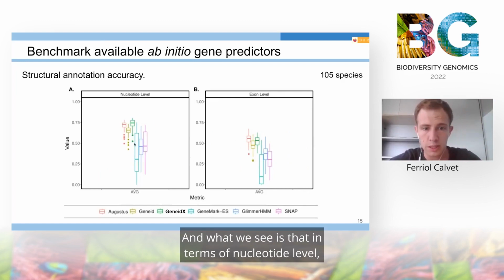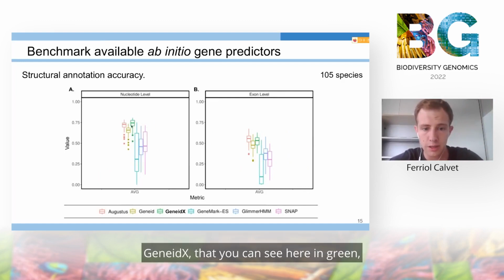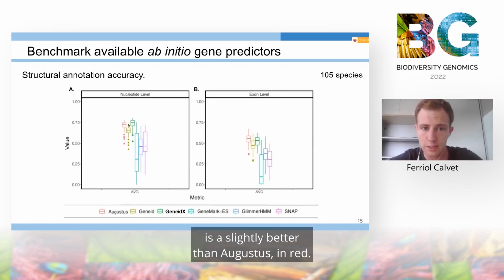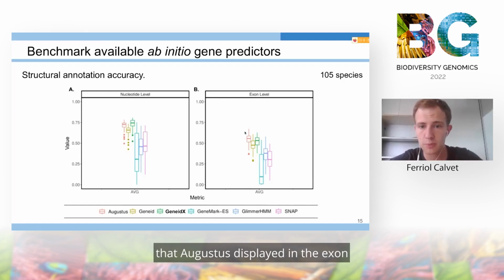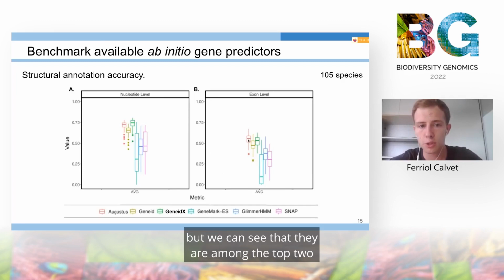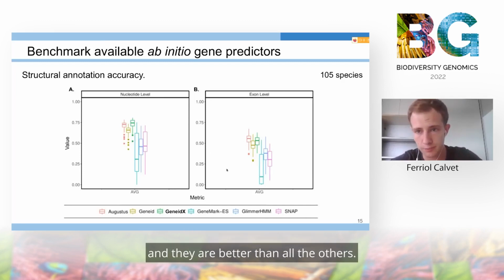What we see is that at nucleotide level, Geneid, which you can see here in green, is slightly better than Augustus in red. But when we move to exon level, we can see that Augustus is predicting the exons slightly better than Geneid. So in this first part, we cannot say that Augustus or Geneid is better than the other, but we can see that they are among the top 2 and they are better than all the others.